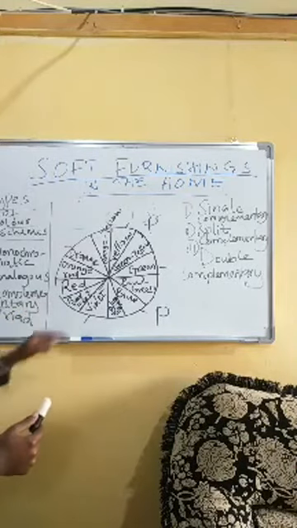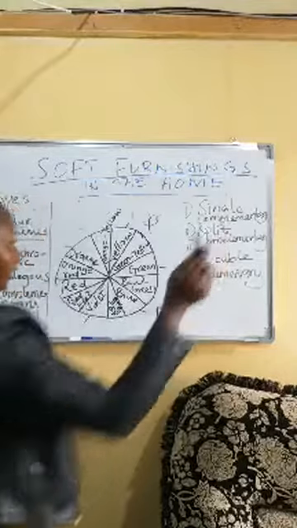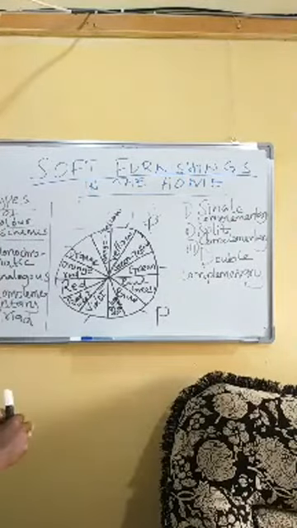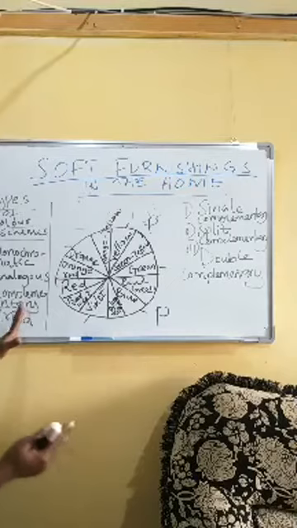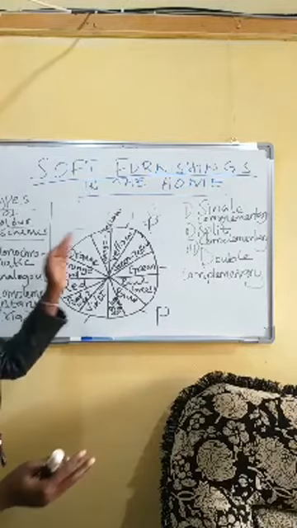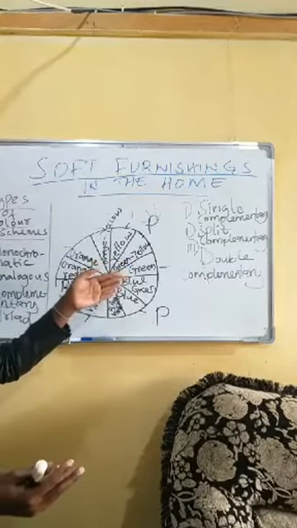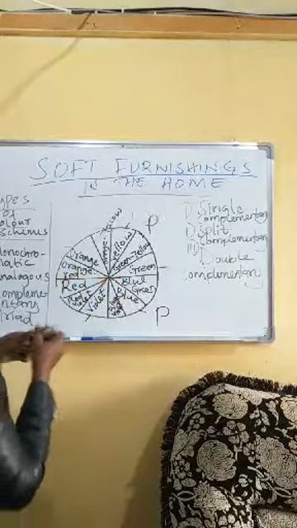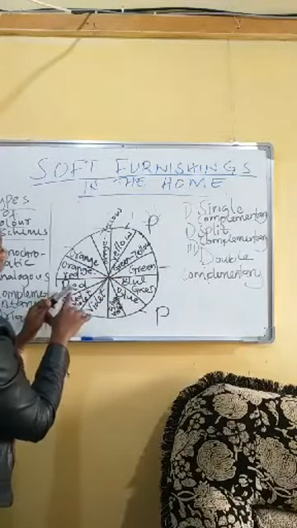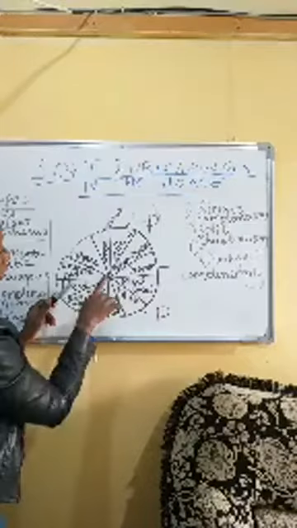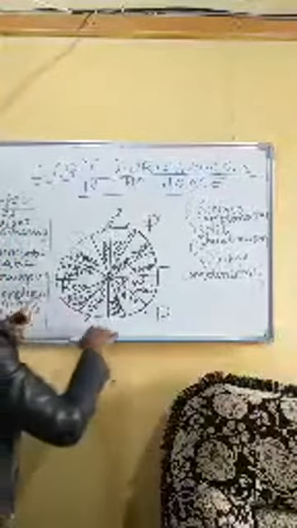Split complementary color scheme. This is whereby one color is used together with two other colors that are on the opposite side of it on the color wheel, where you form a narrow Y angle. So let me use a different pen.